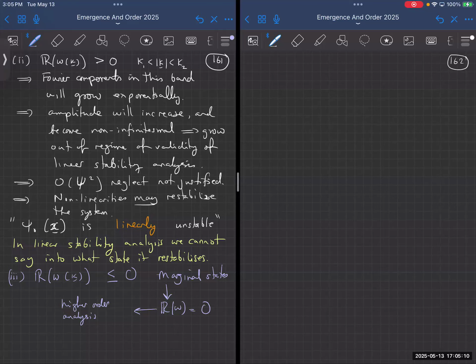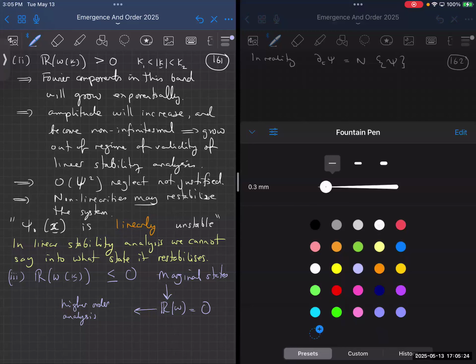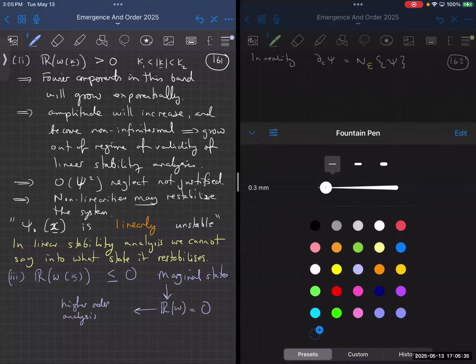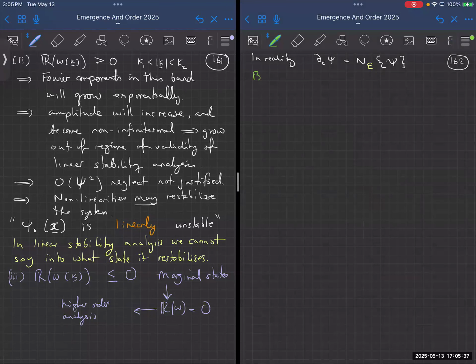In reality, when we write down our equation of motion, d psi by dt is N, some nonlinear operator acting on psi, there's going to be some control parameter in here that we call epsilon, that we talked about last time. And so in reality, the behavior depends on epsilon.